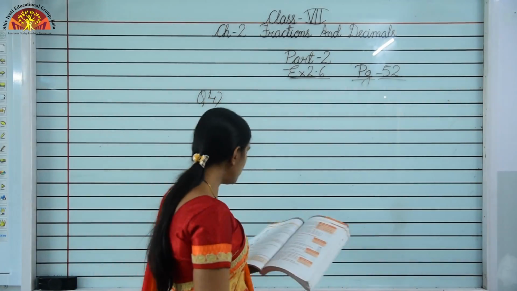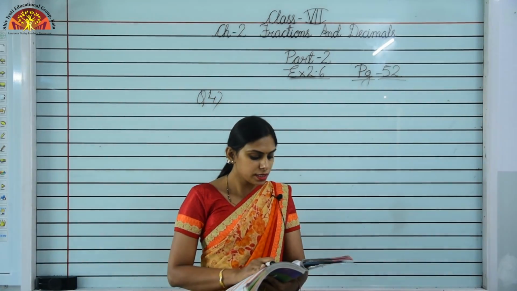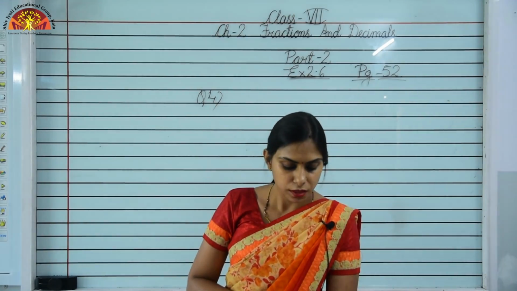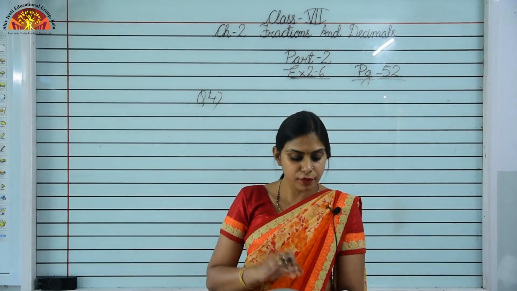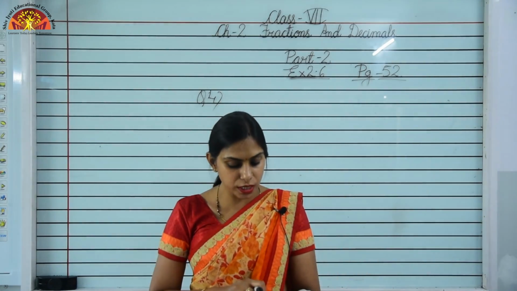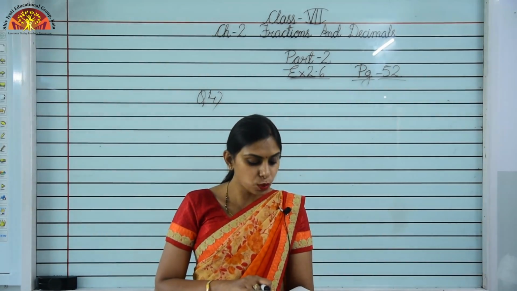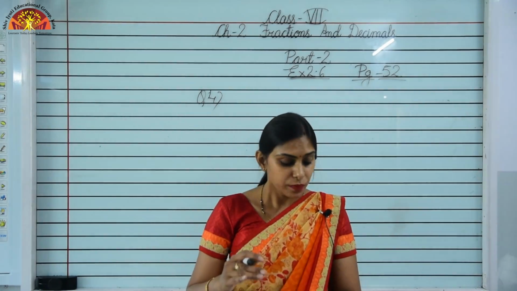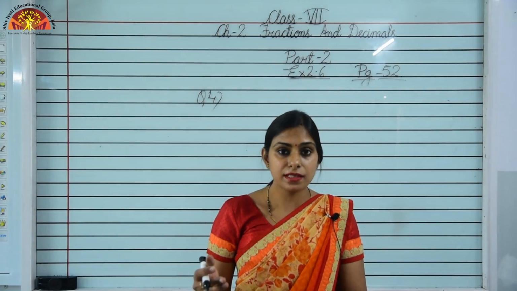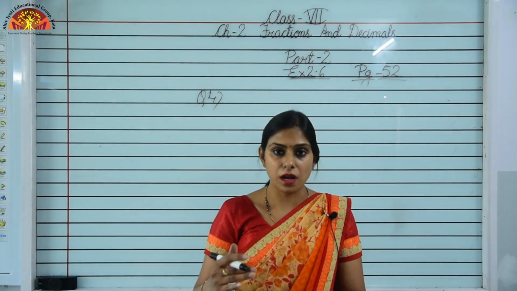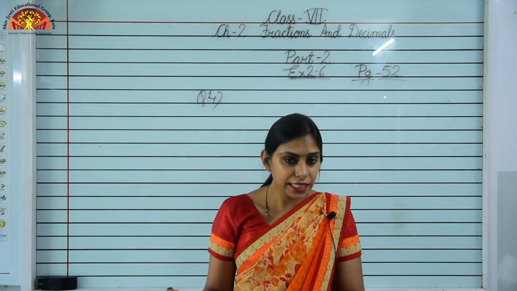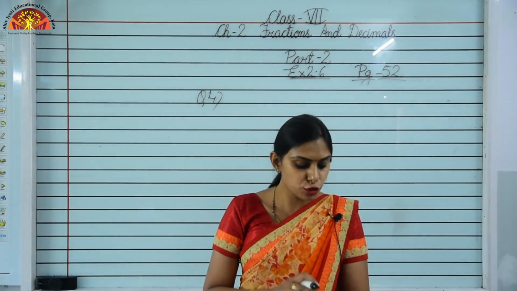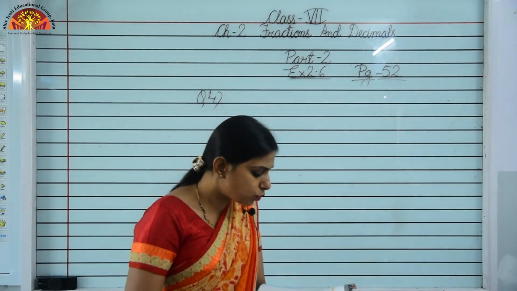What is given in the question? A two-wheeler covers a distance of 55.3 kilometers in 1 liter of petrol. How much distance will it cover in 10 liters of petrol? Earlier the quantity of petrol was 1 liter, now it is 10 liters. When there is more fuel, the vehicle will run more, it will cover more distance. So your answer should be more than 55.3 kilometers.